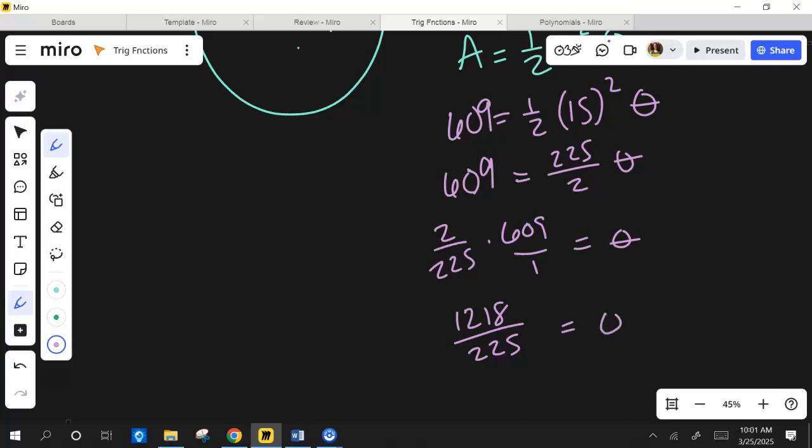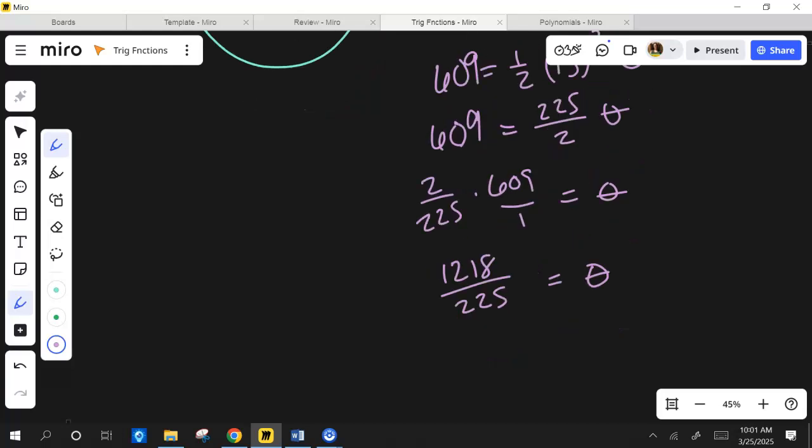Does it simplify? Okay, you can say it now. I know 3 will go in there, I think. What's it simplify to? Okay, y'all can tell me the answer now. 406 over what?